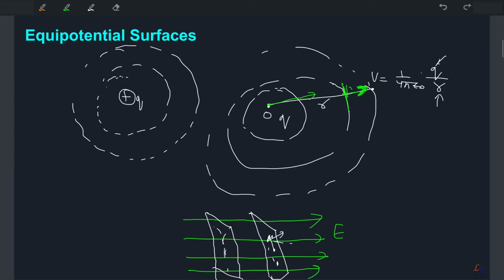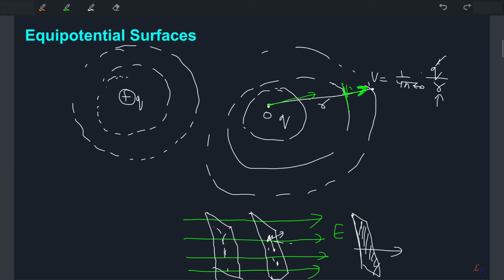So this is where the concept comes from: on equipotential surfaces, the electric field is perpendicular to the plane. For example, if you have an electric field in the direction of x, then all the planes in the yz direction will be equipotential surfaces, because the electric field is in the direction of x.